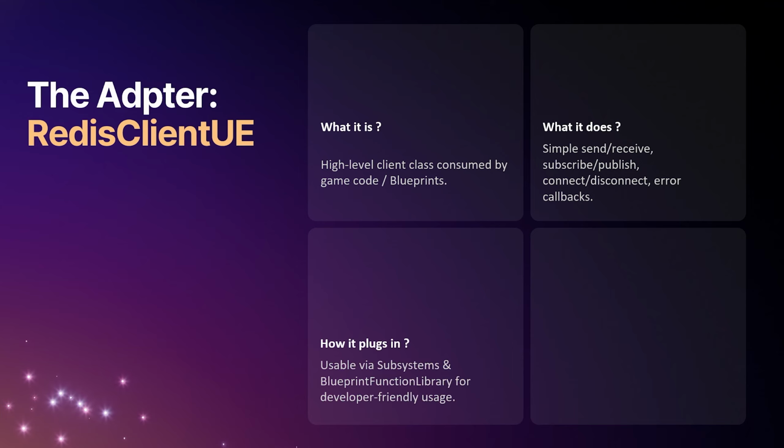How it plugs in: because this is also an external module, you can use it for your project-specific needs with subsystems or blueprint function libraries, let's say. And finally, how it stays safe: we try to protect you against race conditions and synchronization problems.